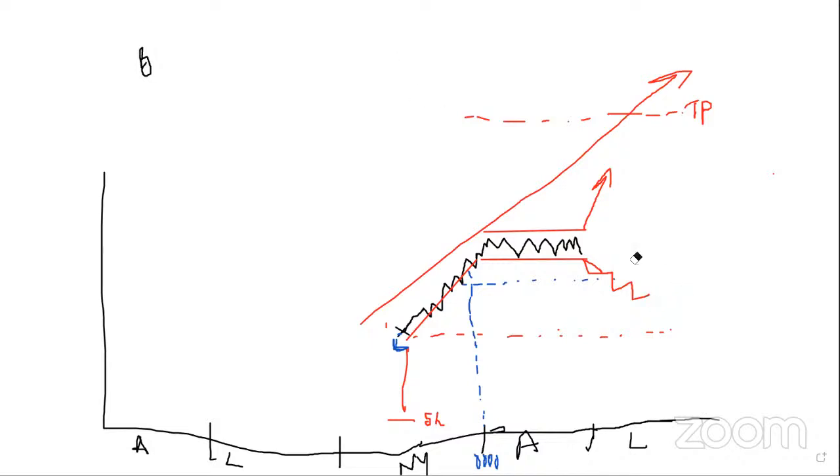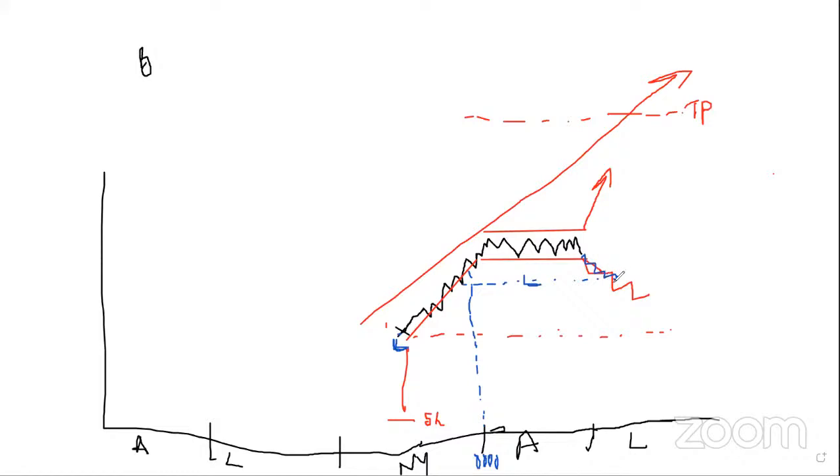Okay. So when there is this move down, it will go down like this. It's the previous day low. So you watch if this previous day low is broken.